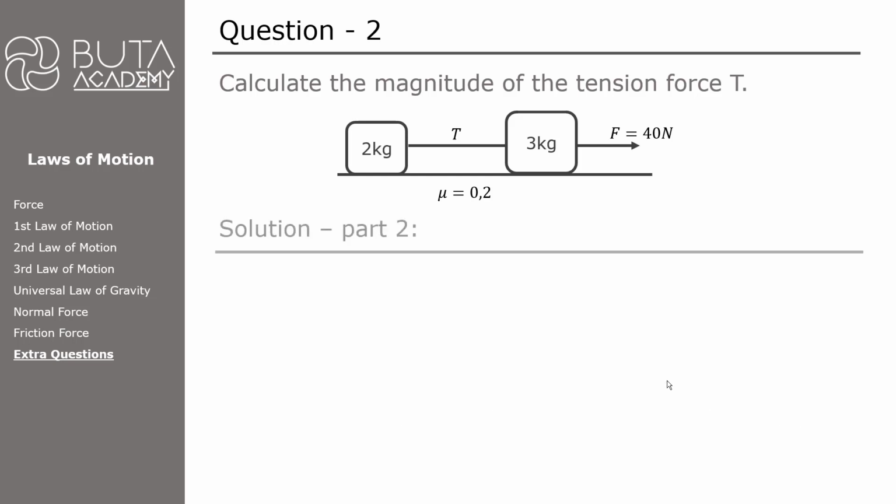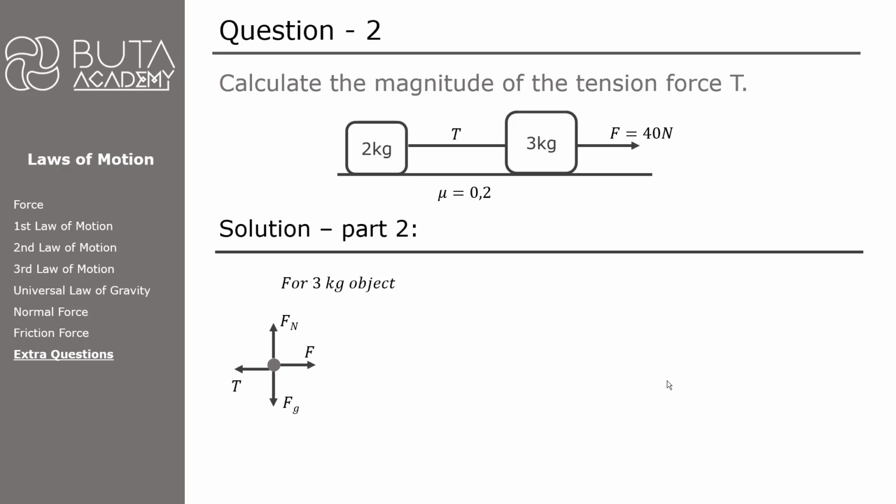Now let's repeat the same steps for the 3 kg object. Forces experienced by this object are the force of gravity acting downwards, the normal force acting upwards, the 40 newton force pulling the object to the right, and the tension force which is pulling it to the left.